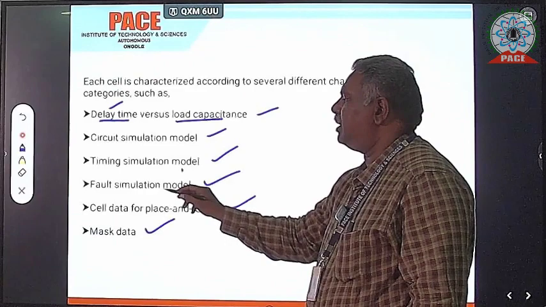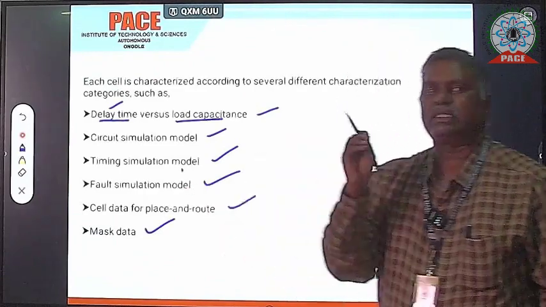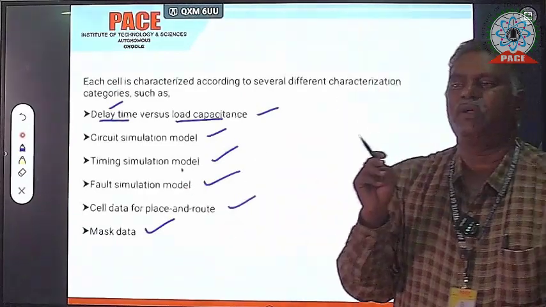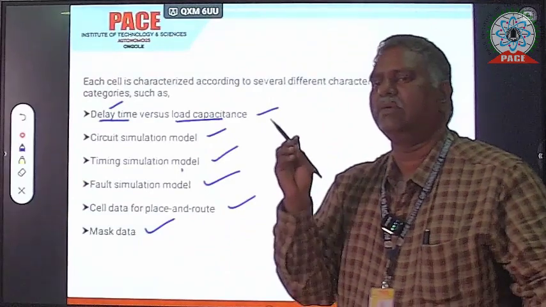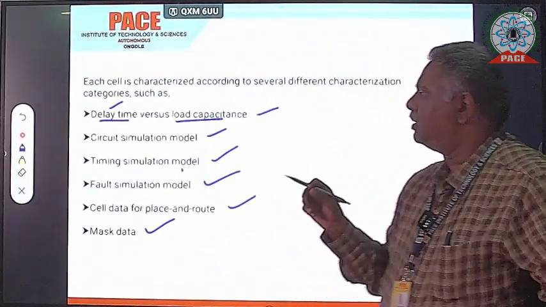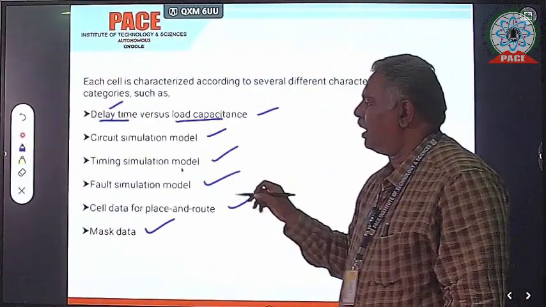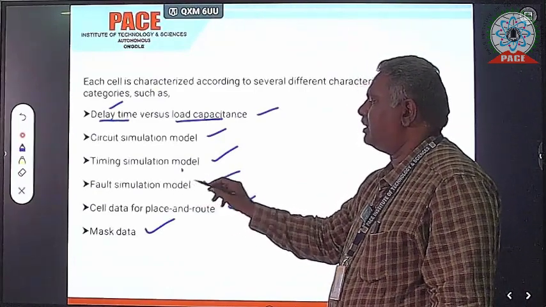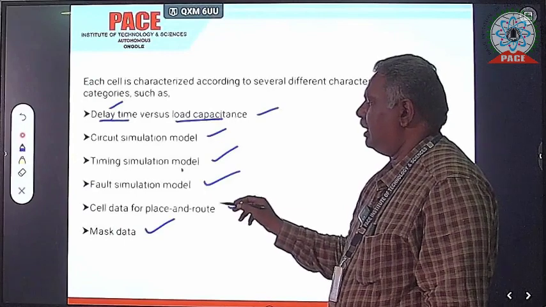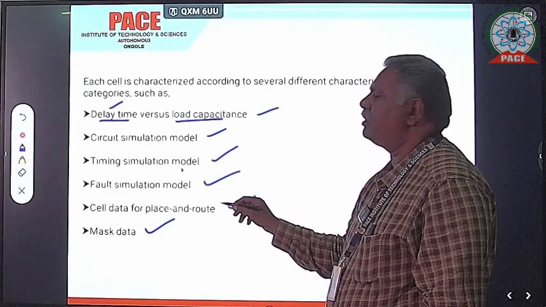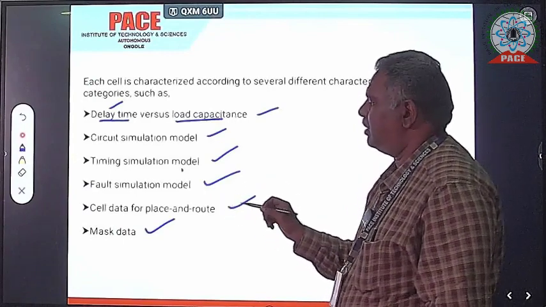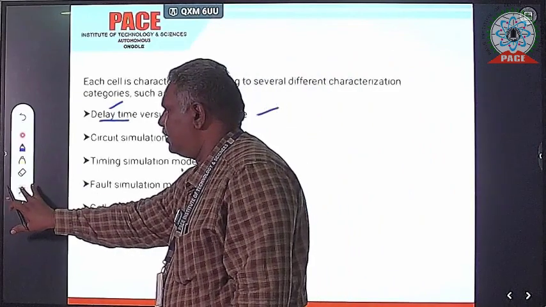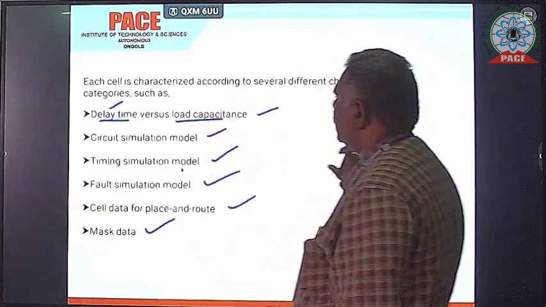So, fault simulation model, if we are going to test the nodes, and if node values are according to our design, it is going to be a good model, or otherwise we are going to identify that there is a fault in the design. And cell data and place and route, so we are going to place all the designed values in the FPGA.